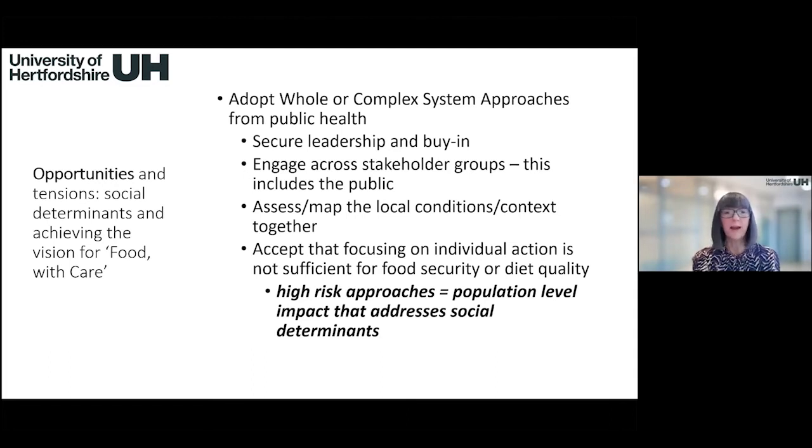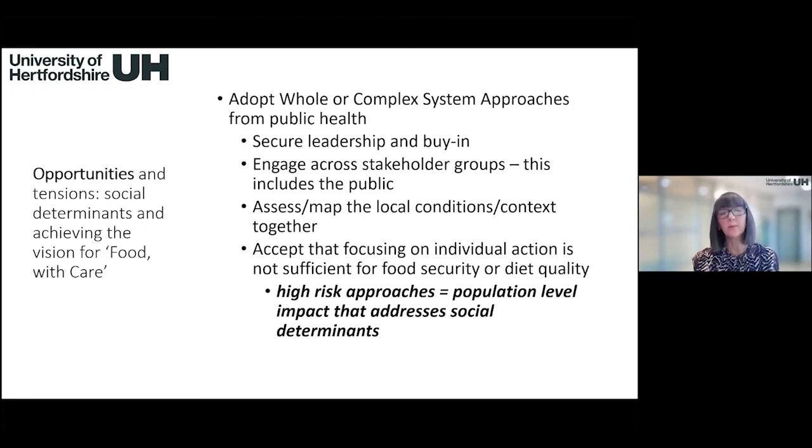It's acknowledged that impact can take many years when you have to take a whole systems approach. But given that Cambridge Children's is at such an early stage of development, again, we have a real opportunity here to do something differently. Whole and complex systems approaches move away from a low risk approach when we only think about the individuals and getting individuals to change.